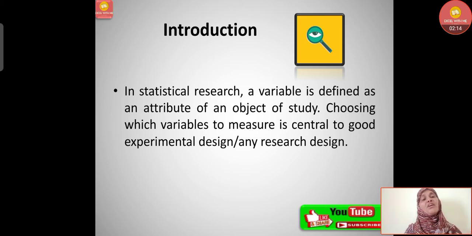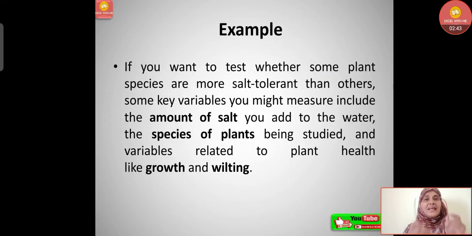So these will all be measured. That means those variables, academic achievement and emotional intelligence, you are going to measure through questionnaires or by collecting records, academic reports or something. So which kind of variables you want to measure is central to any good experimental or any other research. So let's see the example here.